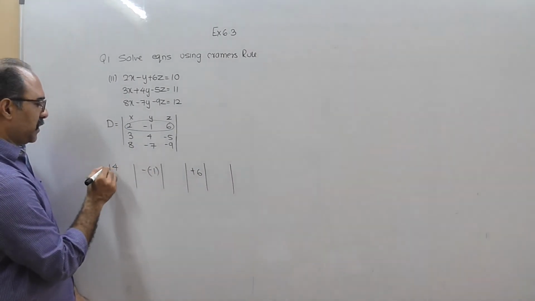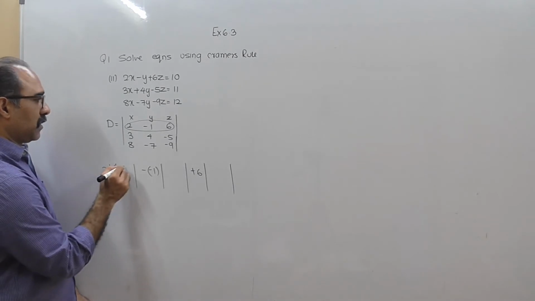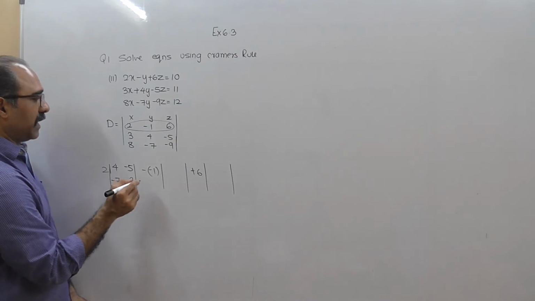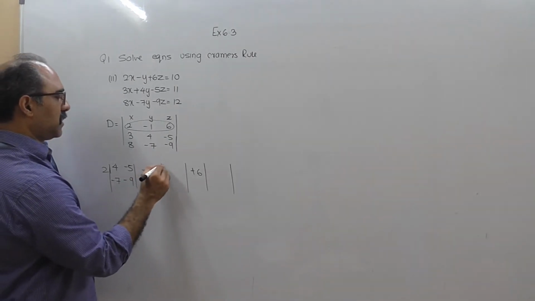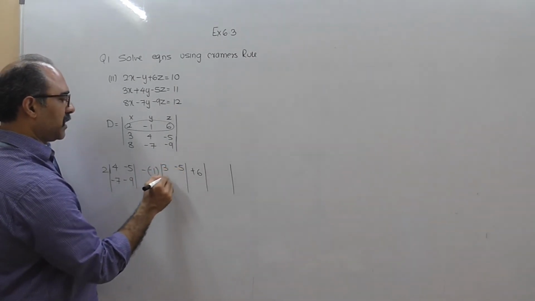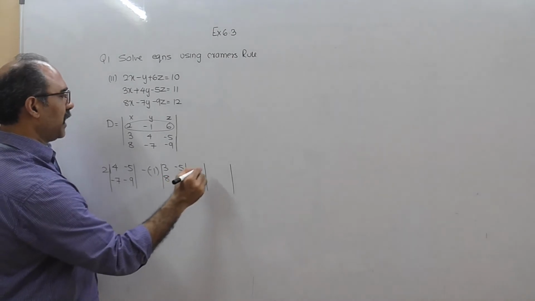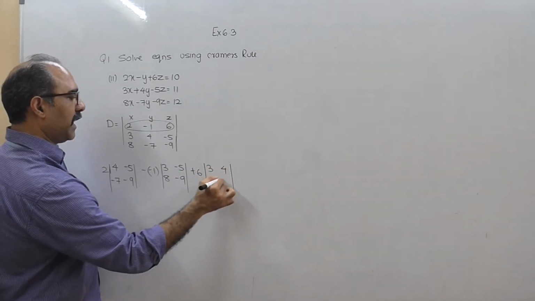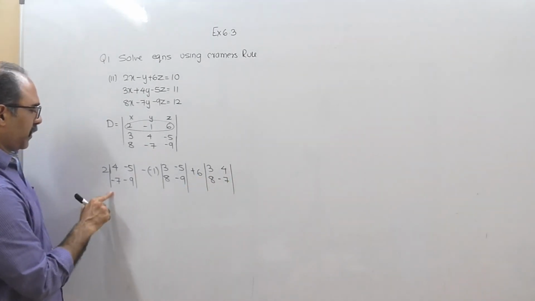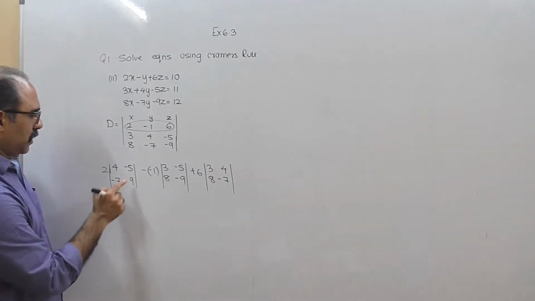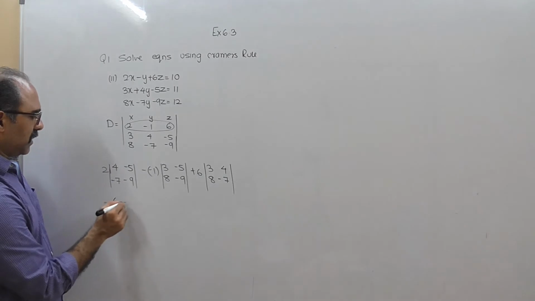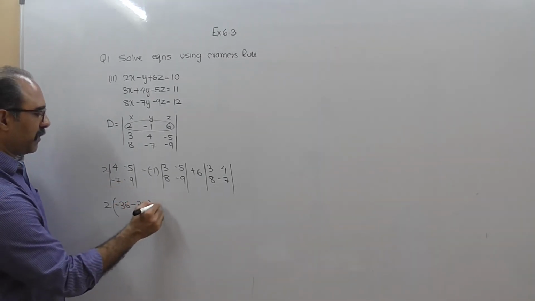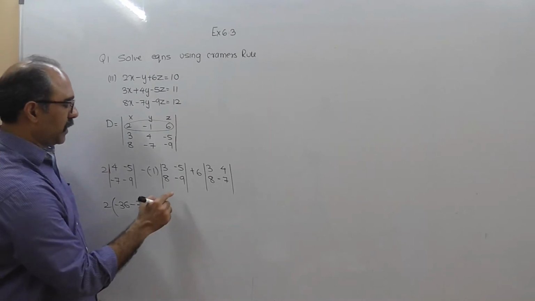2 means I think this is 4, minus 5, minus 7, minus 1. This is 3, minus 5, 8, minus 9. This is 3, 4, 8, minus 7. So this is 2, this is minus 36, minus 7 5s are 35, minus of minus 1 will give me plus 1.